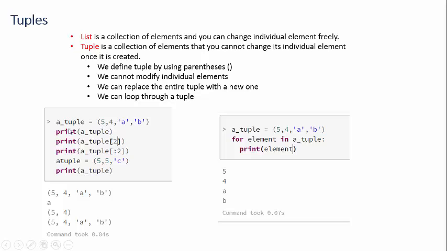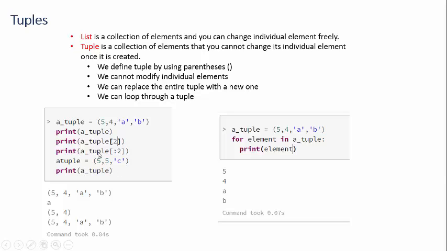I create a tuple called a_tuple, and there are four elements, and I use the parentheses. I can print the whole tuple. I can print an element of the tuple by using the square bracket. Once a tuple is created, you can access each individual element by using the square bracket and the index. I can take a partial tuple the same way as a partial list.